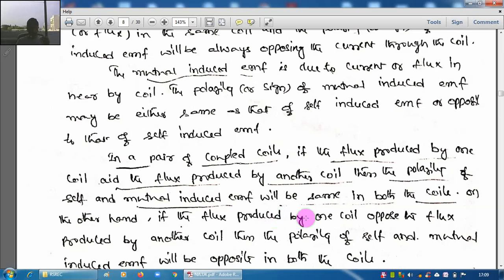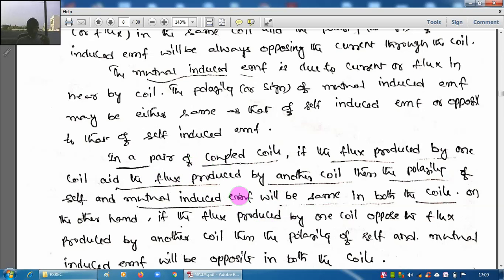If the polarity is positive, then it adds up to the self-induced EMF. If the polarity is opposite, it becomes subtractive from the self-induced EMF.